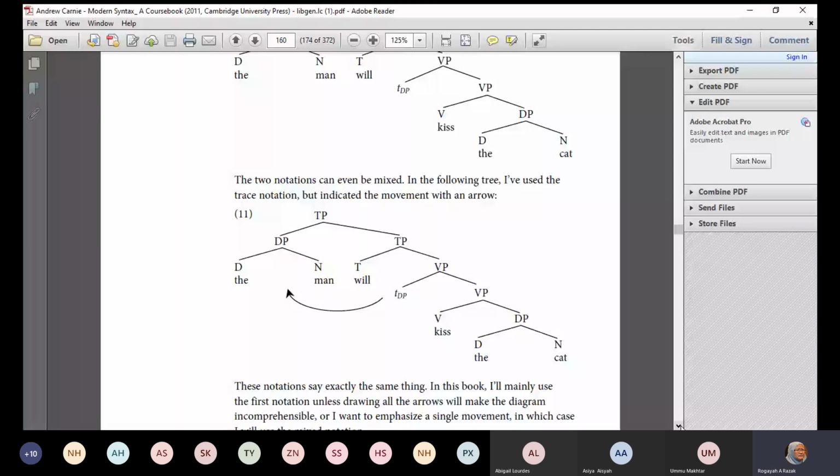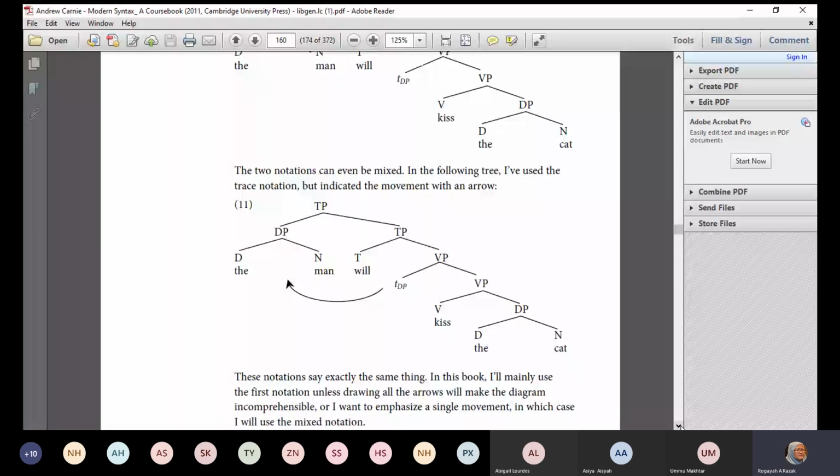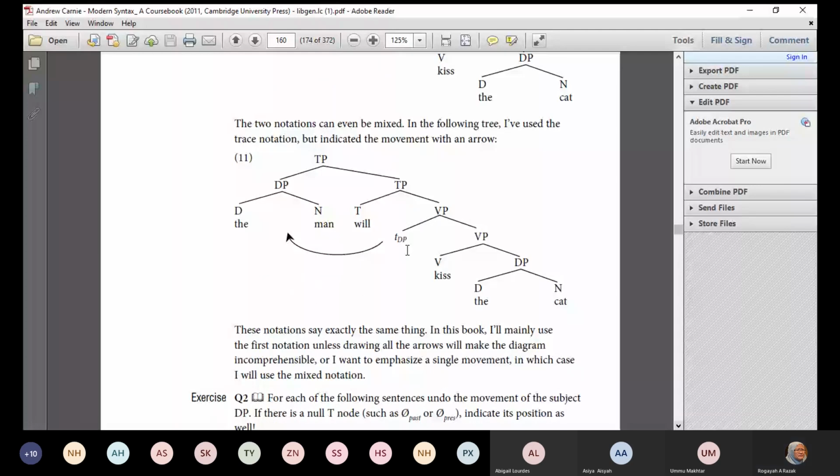So you notice that the man, it was from here just now, has gone up to the, you have to make way for the man, so you draw another TP. On top of the existing TP of will, you draw another TP, a tense phrase, to accommodate the specifier, which is the man.